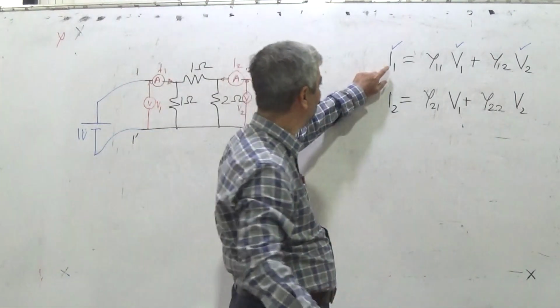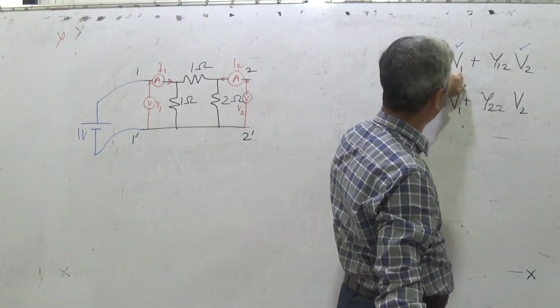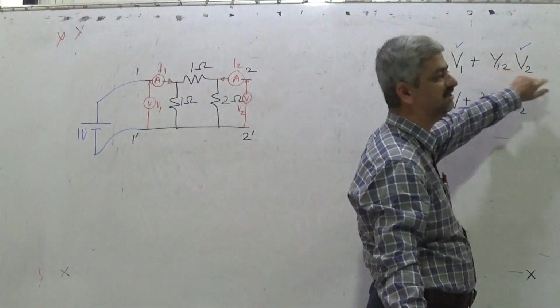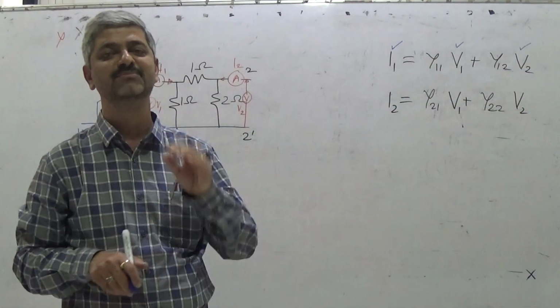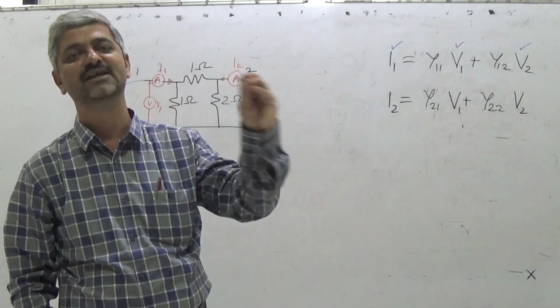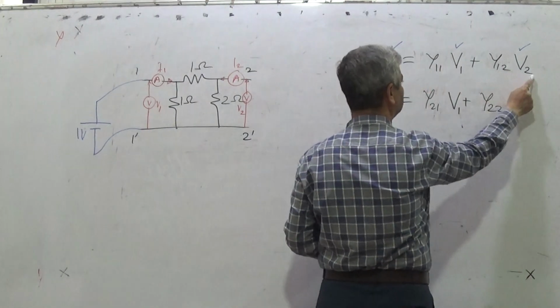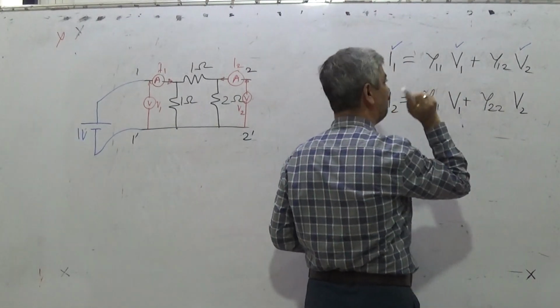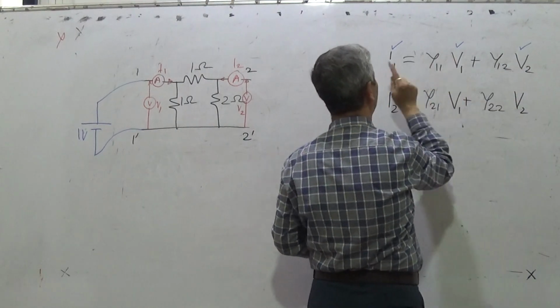So one reading is a combination of Y11 into this reading plus Y12 into this reading. So I get an equation which is something into Y11 plus something into Y12. Now I know this, I know this, I know this. So what do I want to find? Y11. So something into Y11 plus something into Y12 is equal to something.